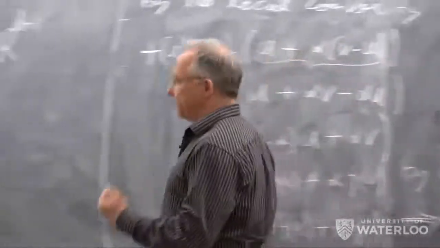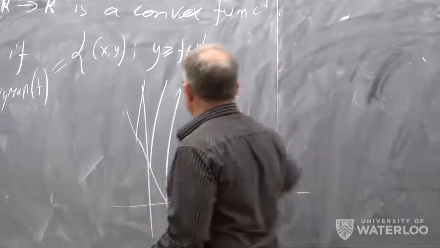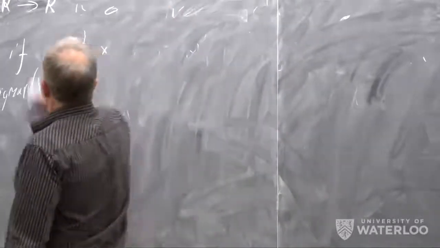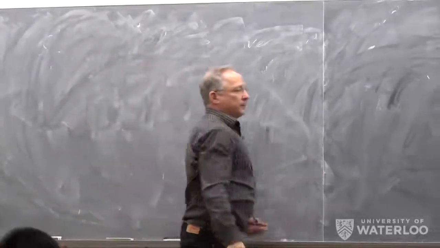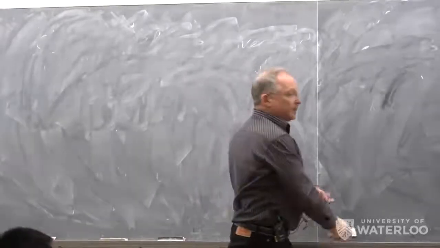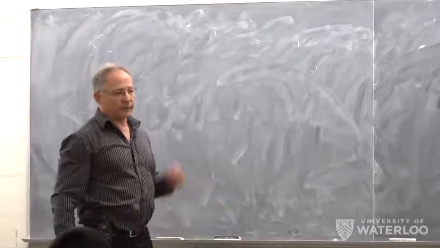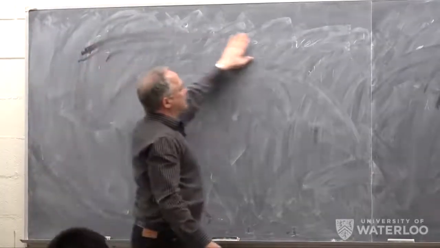Now that we know that those functions are interesting, we want to show that they are actually living all around us. So we want to show which functions are convex. The next thing I want to discuss is to give you an indication that there are many convex functions.